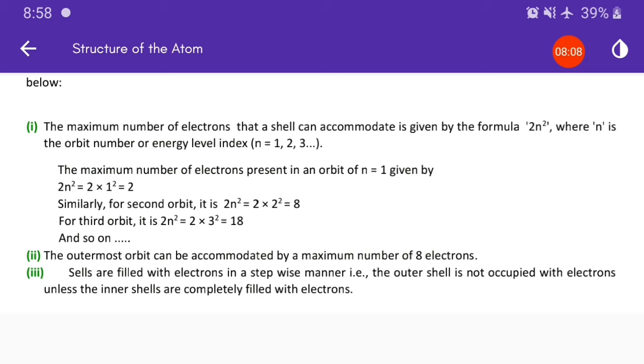For example, for the first orbit, 2n square means 2 into 1 square, which is 2 electrons. In the second orbit, 2n square, 2 into 2 square, means 8. In the third orbit, 2n square, 2 into 3 square, means 18, and so on.